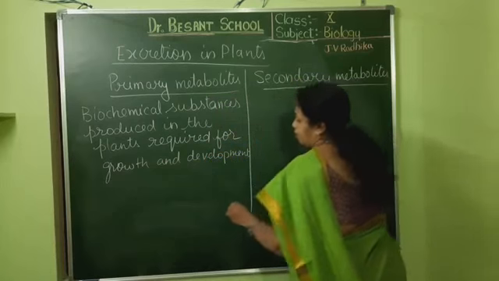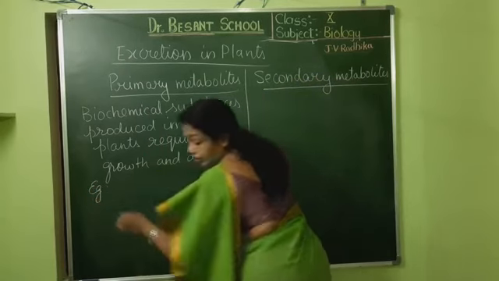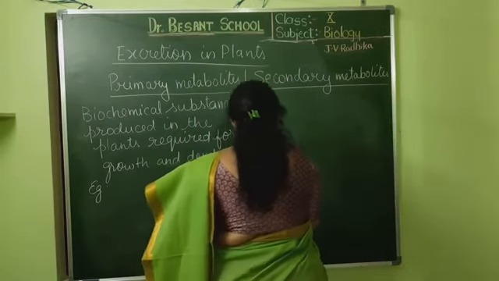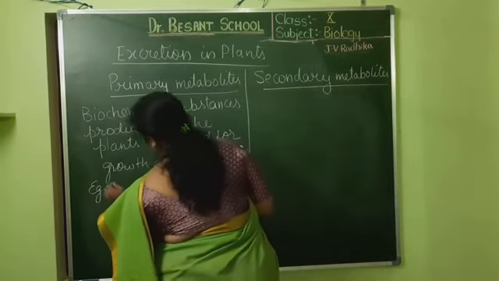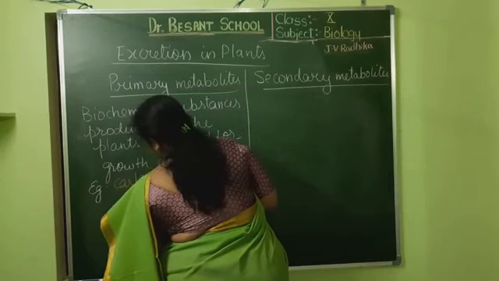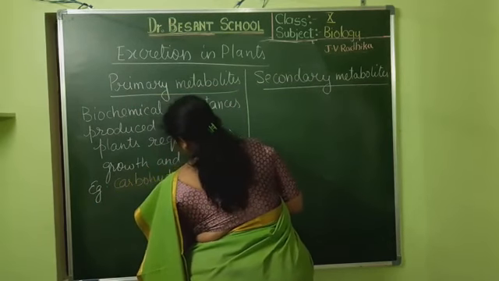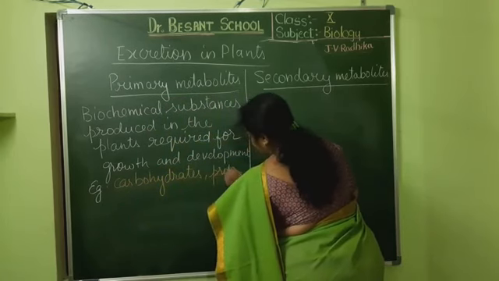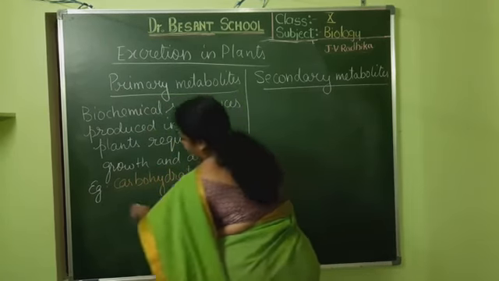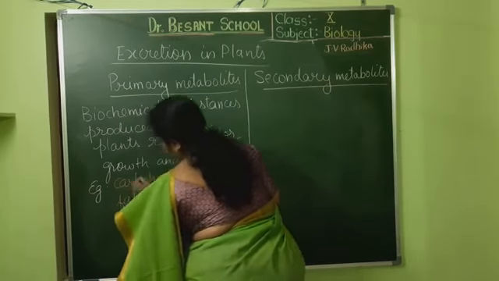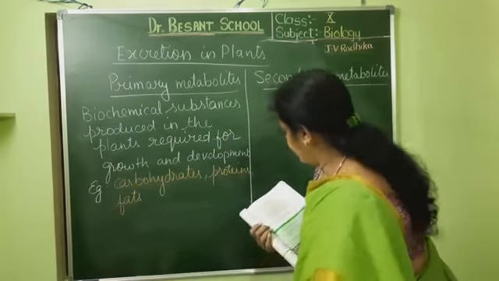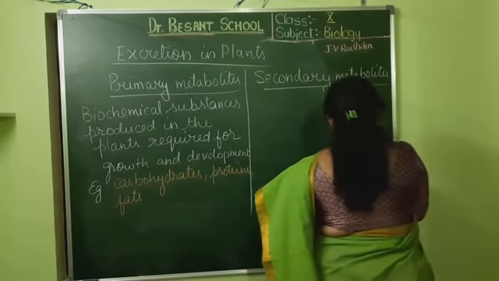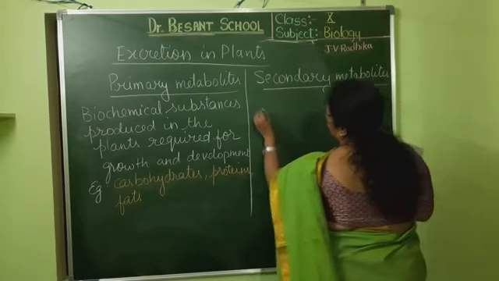Examples are, this is an important one for 2 marks: carbohydrates, proteins and fats. Whereas the secondary metabolites are which are not required for normal growth and development.